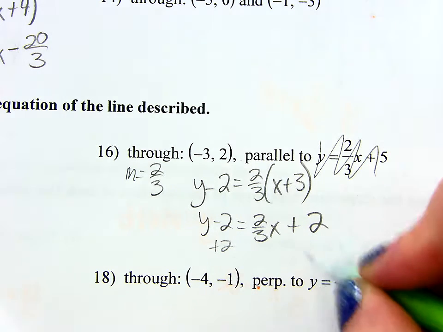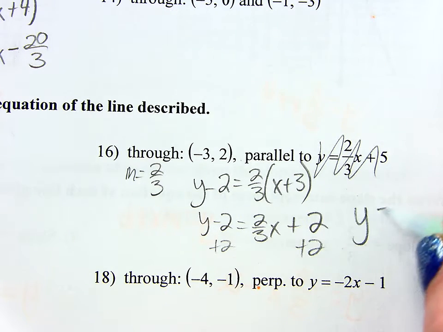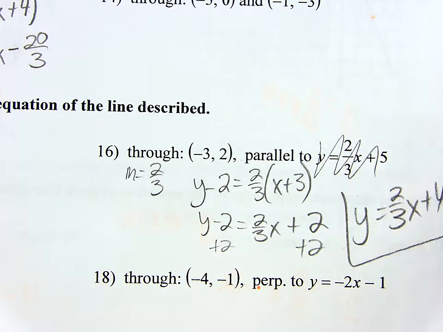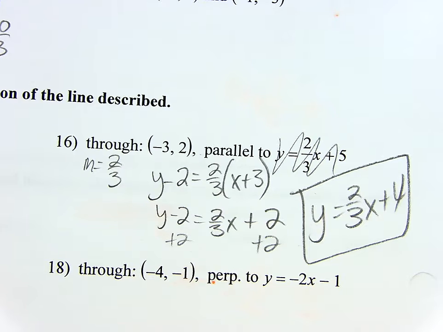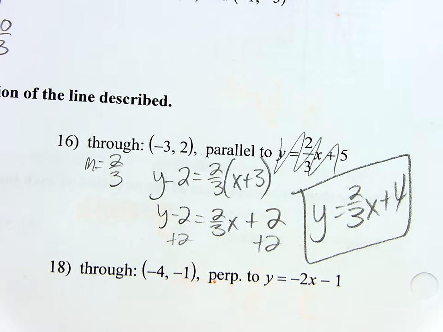Add the 2 over. My final answer would be 2/3 x plus 4. Do you agree? Yeah? All right. Let's backtrack to 15.